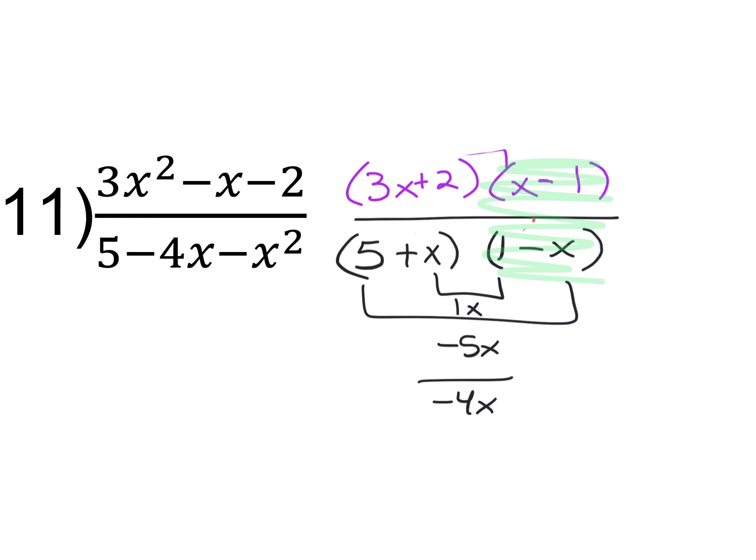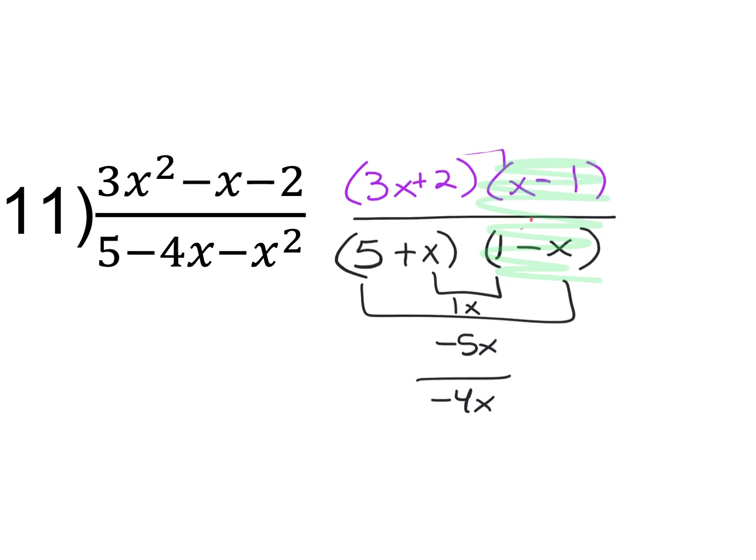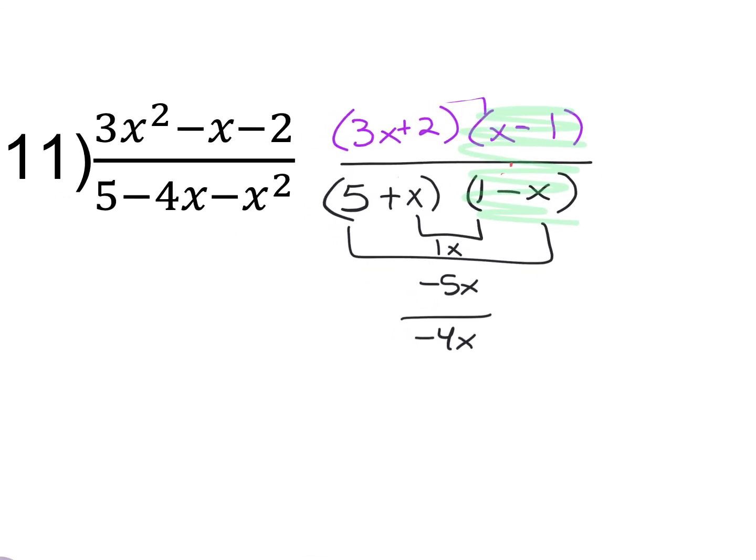And again, it doesn't matter. I know I did it on the last problem out of the top. Let me do it out of the bottom this time. So I'm going to factor out a negative 1 out of this one here. So negative 1, and then it flips to negative 1 plus x. And again, you could flip it around so it looks like the top.